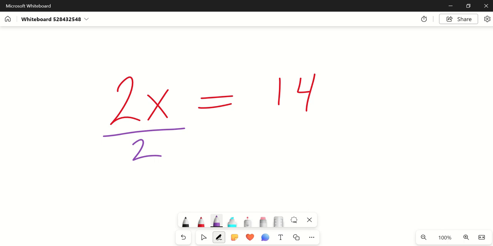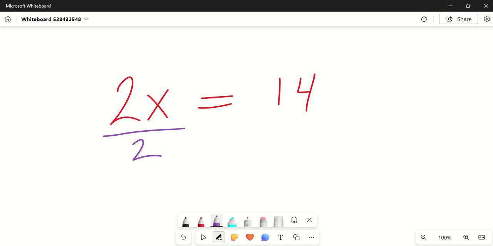Aubrey, what is that known as when we do the opposite operation? Talk to your group really quick. Help her out. What is it called if I use the opposite operation to undo it?